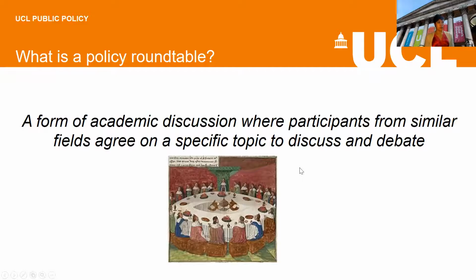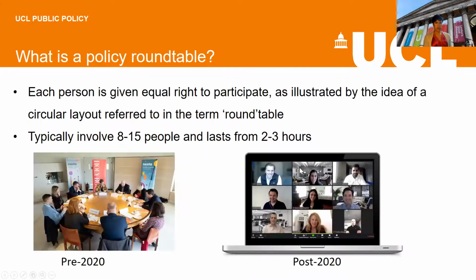So what's a roundtable? Whenever I hear roundtable, I immediately think of King Arthur and the Knights of the Round Table. A policy roundtable is a form of academic discussion where participants from similar fields agree to discuss and debate a specific topic.